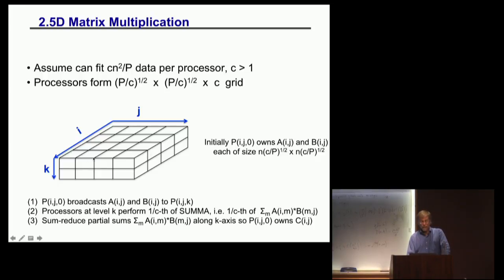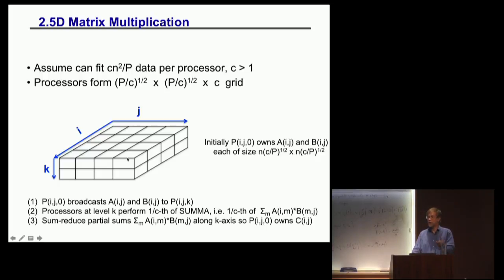The next step is, independently, every layer runs 1/C of SUMMA, or 1/C of the SUMMA algorithm. It's only going to compute 1/C of all those partial sums that the algorithm would normally have computed. When I'm done with that step, which is the dominant step, I have all these partial sums stacked on top of one another, and all I need to do is a reduction in the vertical direction, collect all the partial sums, and the true answer appears on the top. I won't do all the subscripts, but that's the basic idea.